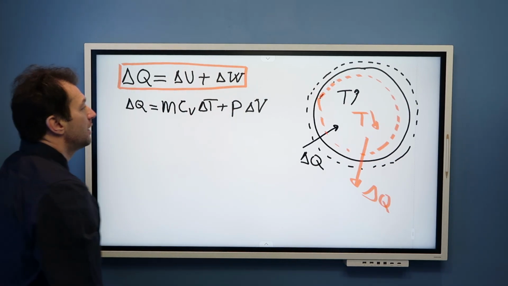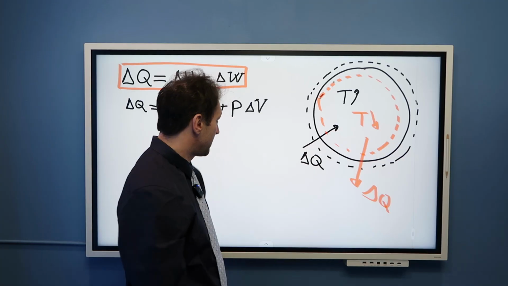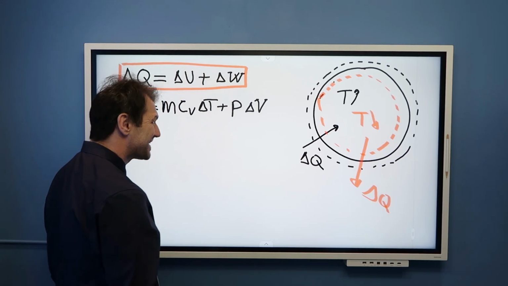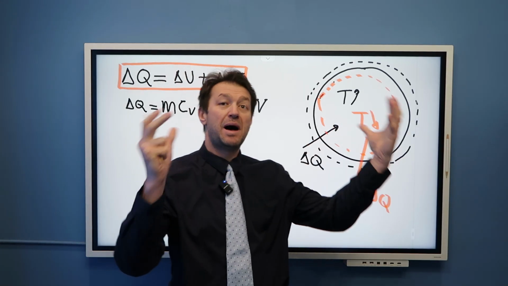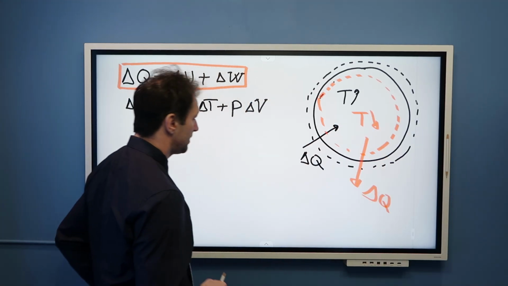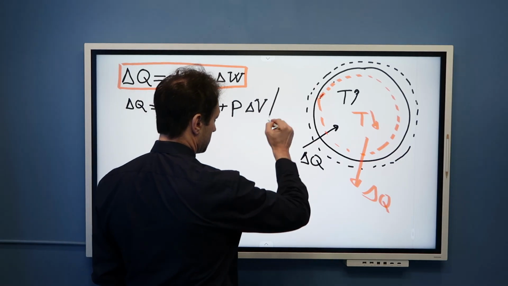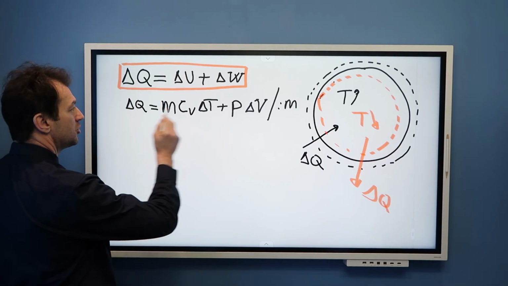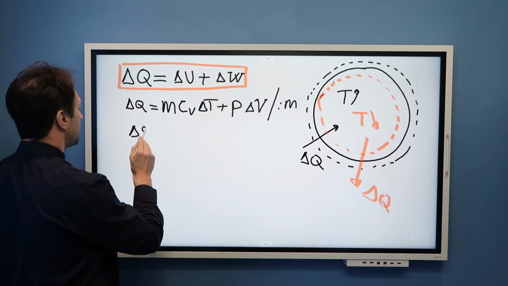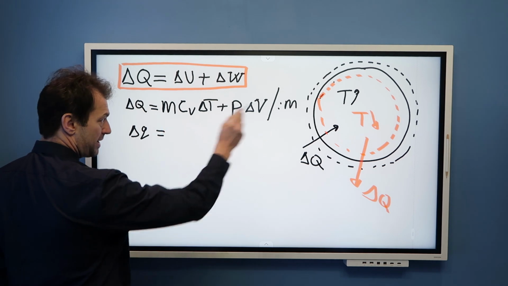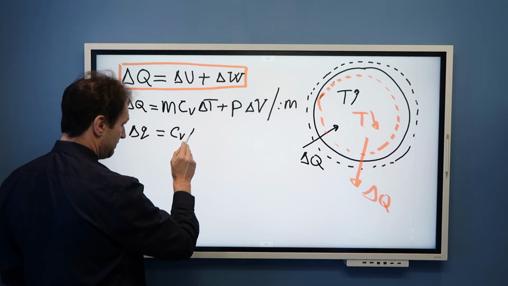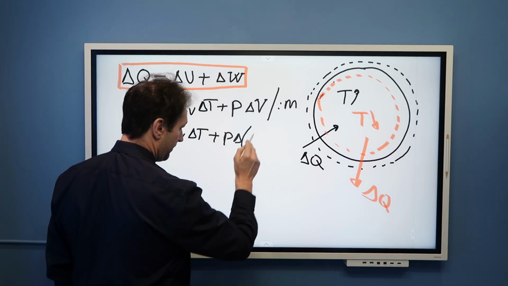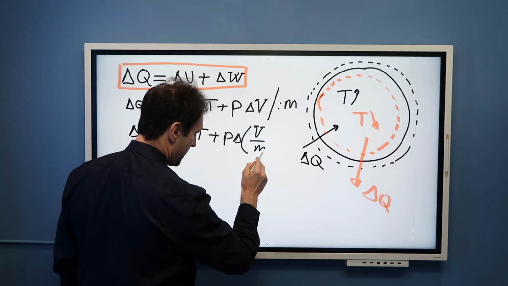Now, as I discussed in some of my previous videos, in atmospheric sciences we don't like to deal with masses because it's difficult to define the mass of a fluid, whether it is air or water, so we tend to divide this by mass m. Then delta capital Q divided by m is small delta q, which is equal to, this mass will cancel over here, Cv delta T plus P delta V divided by m.